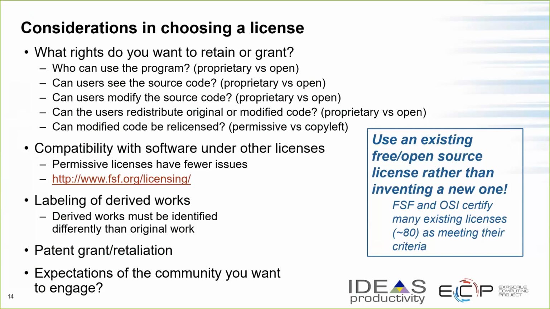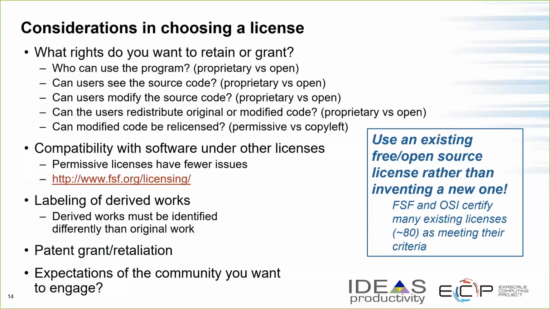And maybe one of the biggest, most important things here is, what are the expectations of the community that you want to engage with your software? In many cases, you're writing software that fits into a larger ecosystem, and there is a community there, and they may already have ideas about how software should be licensed, and to fit into their ecosystem, that may be an important consideration guiding your decisions.